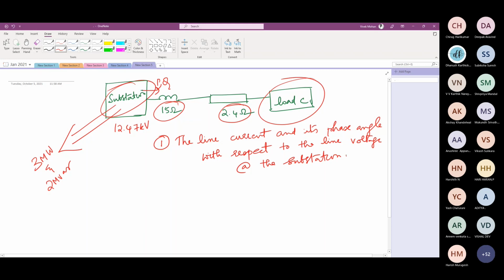Please mute your microphones, everybody. How will you approach this question? You need to find the line current and its phase angle with respect to the line voltage at the substation.